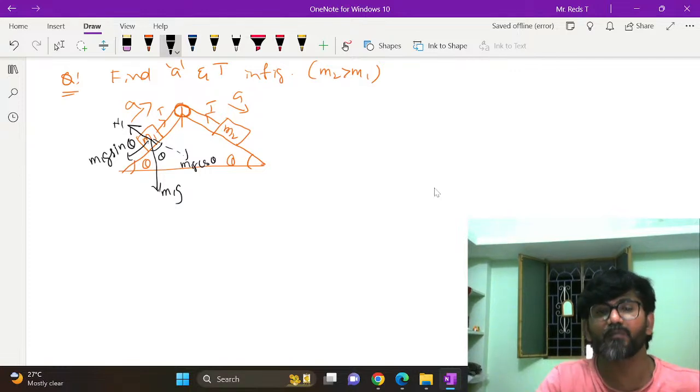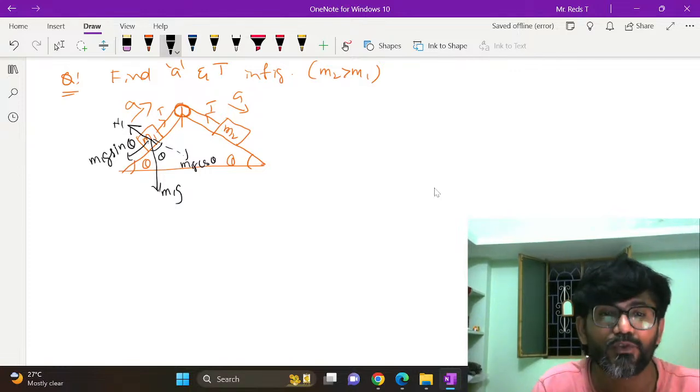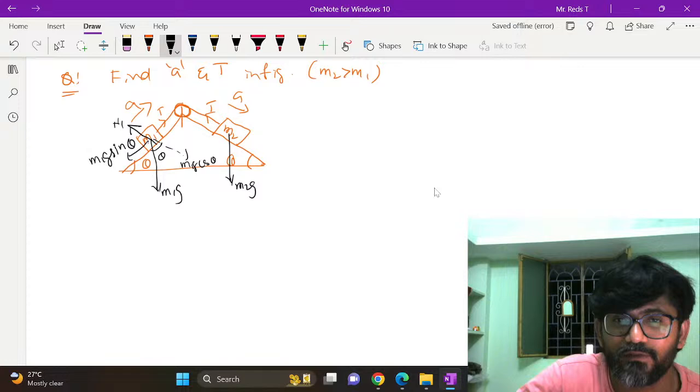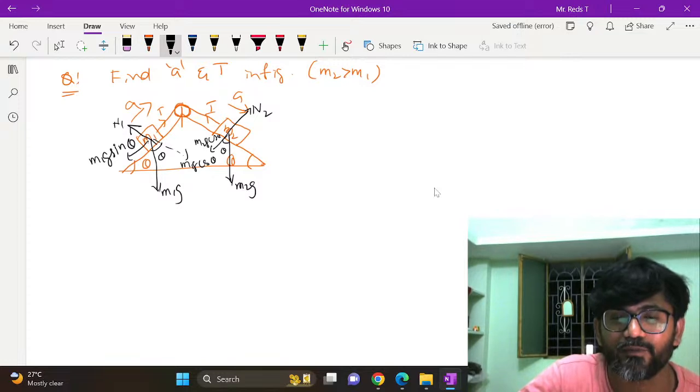Don't wait till the completion, or the entire diagram will look clumsy. By symmetry, N2, the normal reaction, acts in the upward direction, and this will be theta. Here we will get M2G cos theta, and there is no vertical motion, so there will be equilibrium, and here we will get M2G sin theta.